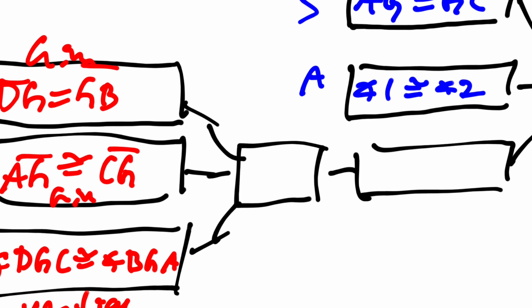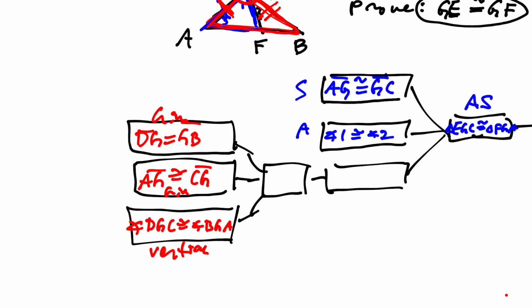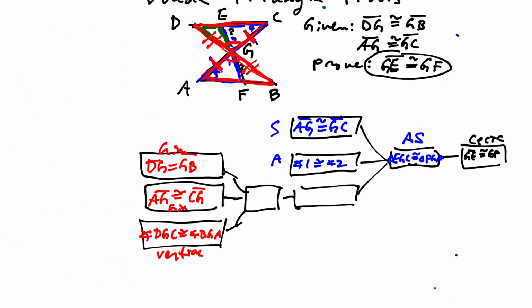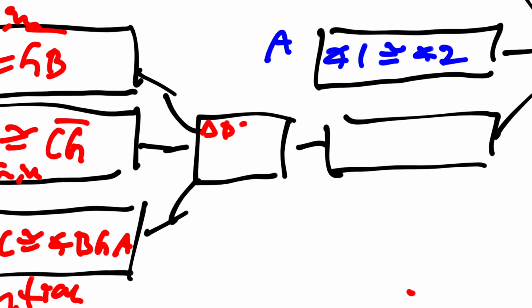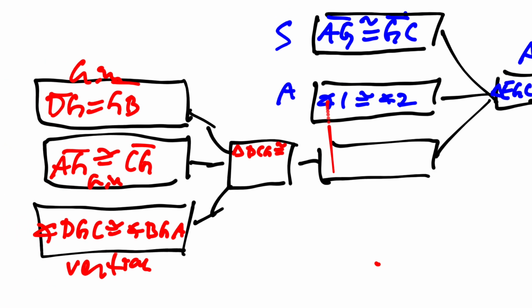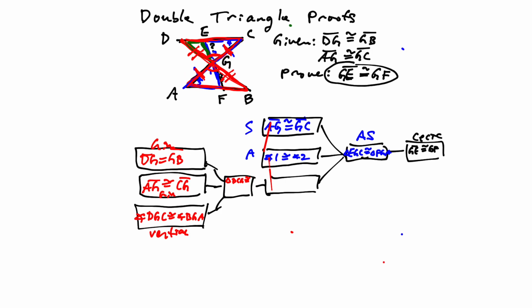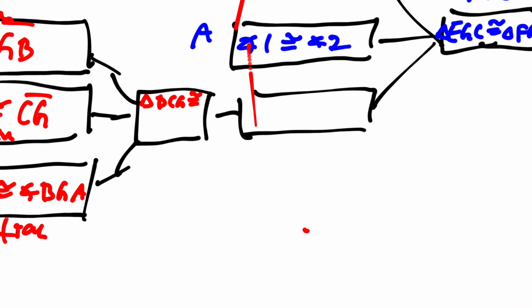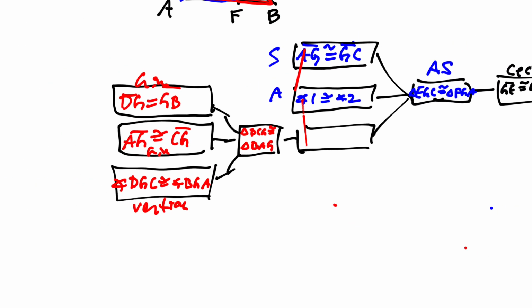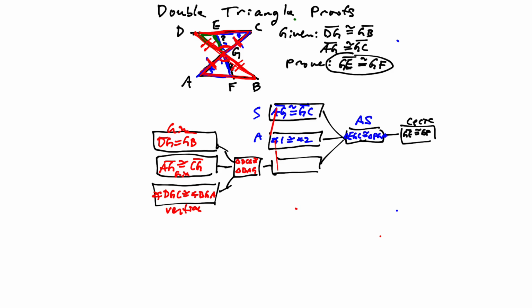So in this box here, I can say that the two triangles, triangle DCG is congruent to triangle BAG. Okay, that's by SAS.